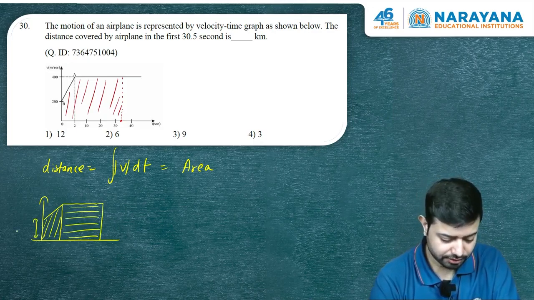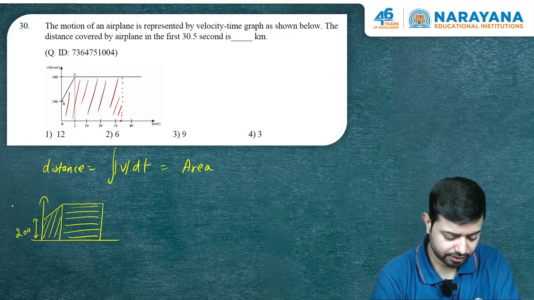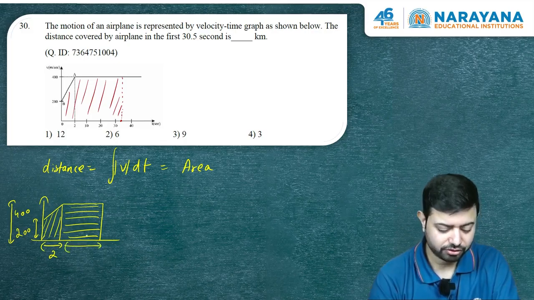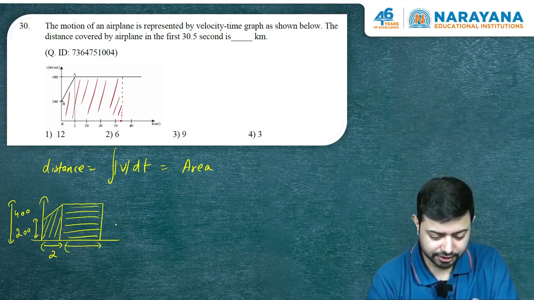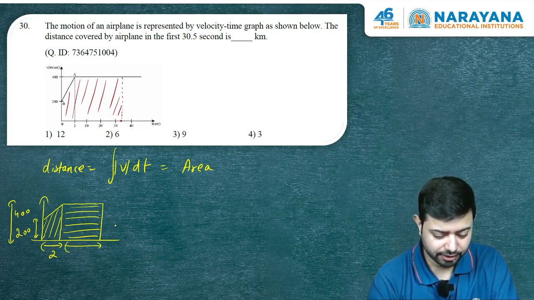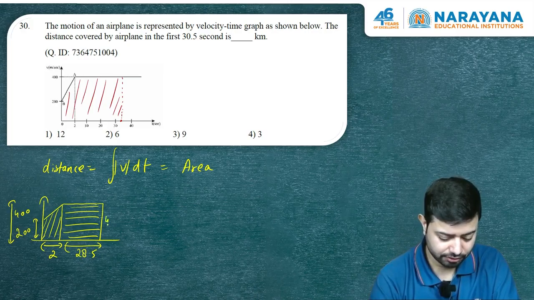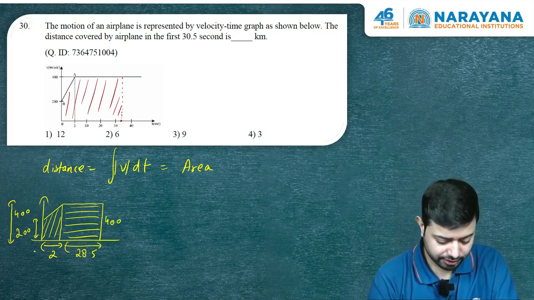This length is 200, this length is 400, and this length is 2. The total was 30.5, and 30.5 minus 2 is going to be 28.5, and the height is 400. Alright, so let us find the area.